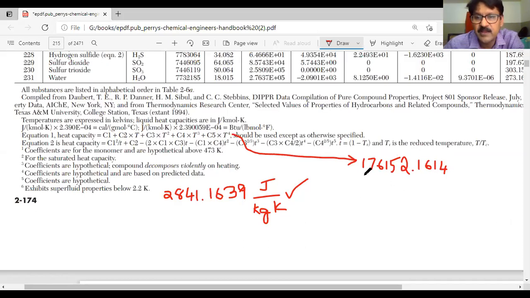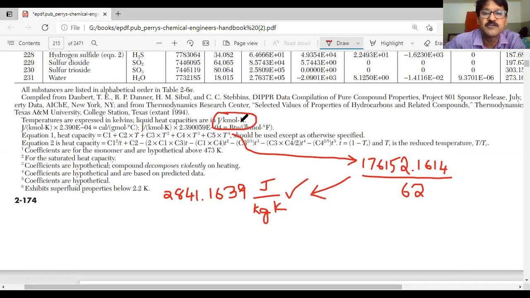Okay, so divide this by the molecular weight. Molecular weight is 62. If you divide this by 62, you are going to get this, because this unit is joules per kilomole. If you divide by kg per kilomole, the kilomole gets cancelled, and you will get joules per kg Kelvin.